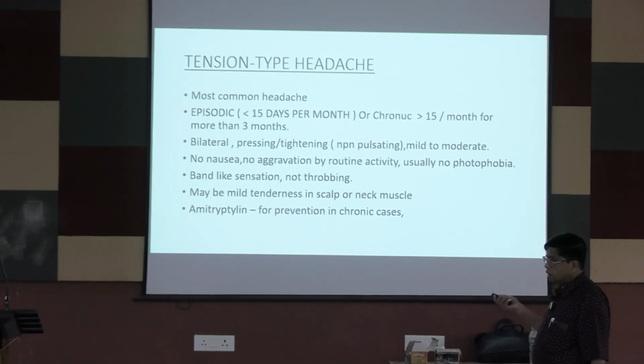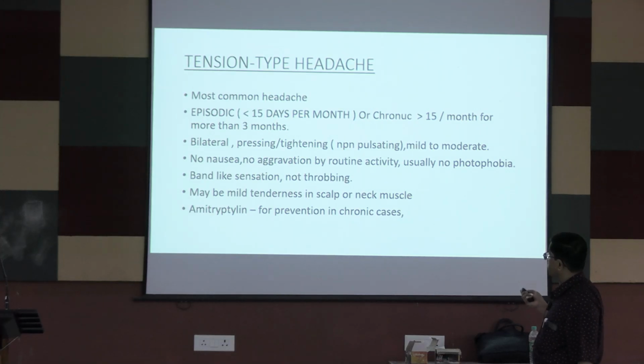No nausea, whereas in migraine we have discussed symptoms like nausea. No aggravation by routine activity, and exertion does not increase it. But in migraine, exertion, some physical stress, will increase the attacks. Exertion will not increase the attack of tension headache. Band-like and not throbbing. There may be mild tenderness in the scalp or neck muscles.